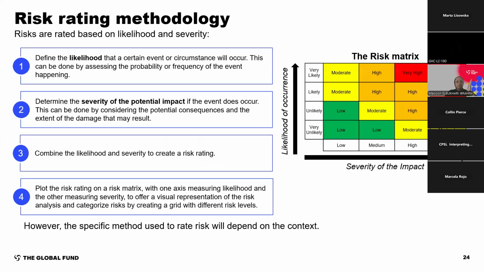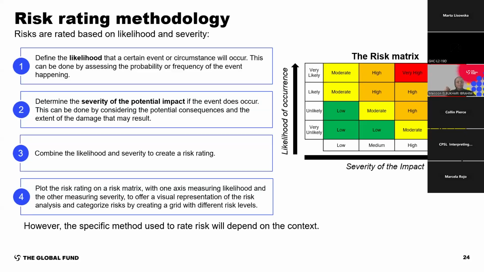One is the likelihood, and this is where we define how likely it is that a certain event or a circumstance will occur. We assess the probability or frequency of the event, and then the severity, which is the x-axis. We determine the potential impact if that event occurs. And this involves evaluating the potential consequences and the extent of the damage that could result.